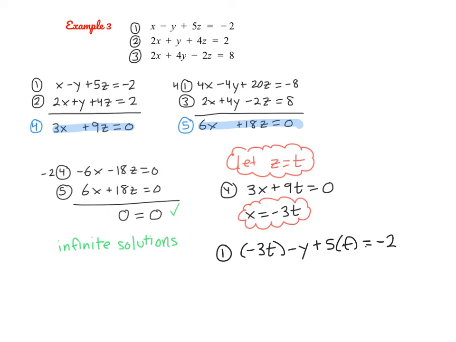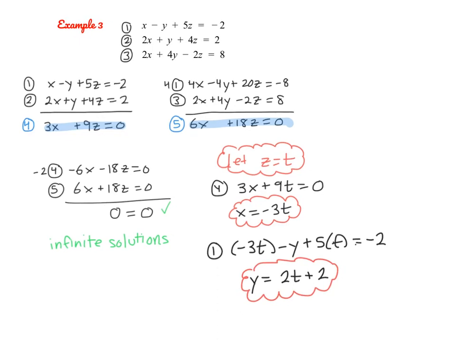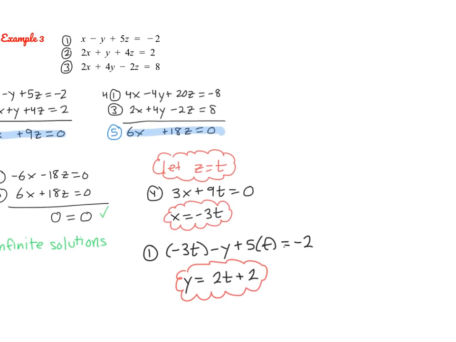And then here, if we solve, we end up with y equals 2t plus 2. So now we have x, y, and z in terms of t, so we can write our answer. So x again is negative 3t, y is 2t plus 2, and z is simply t.